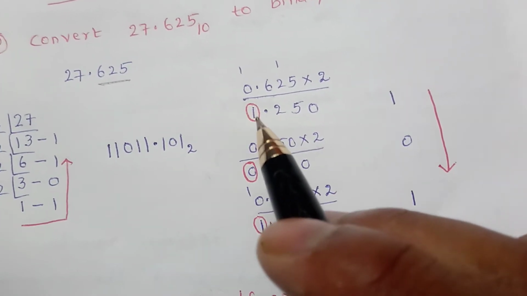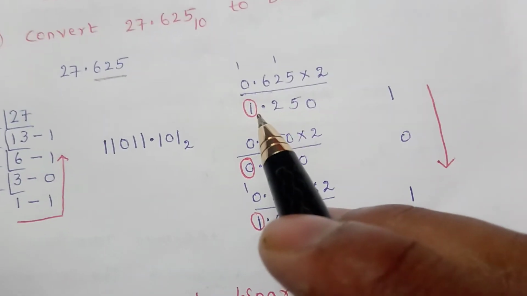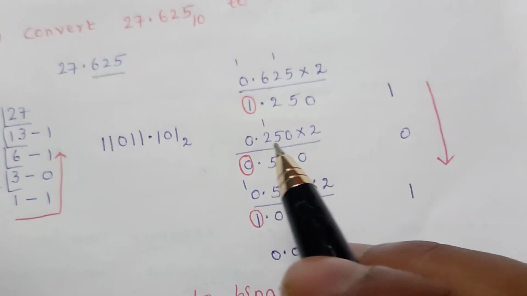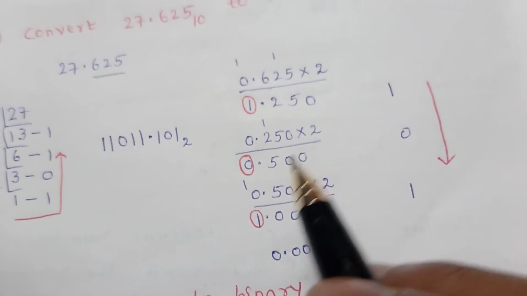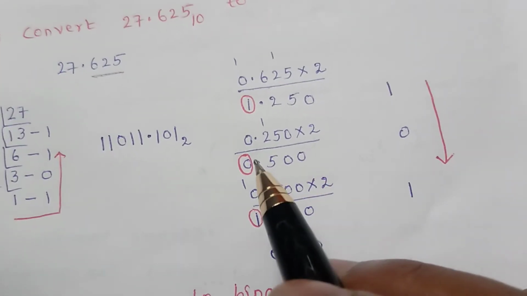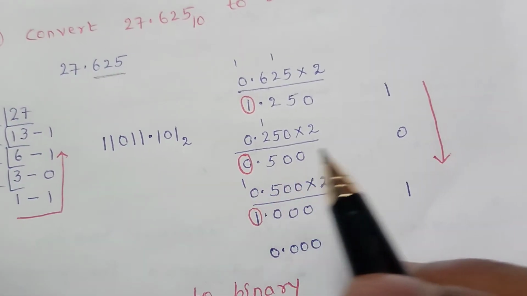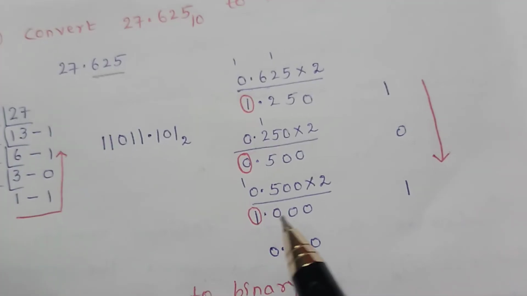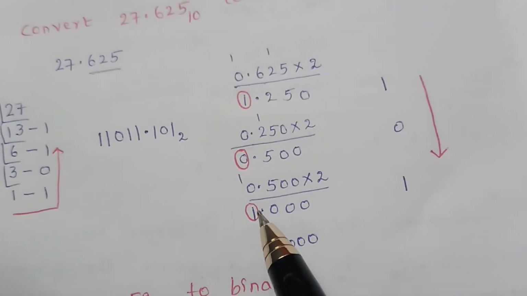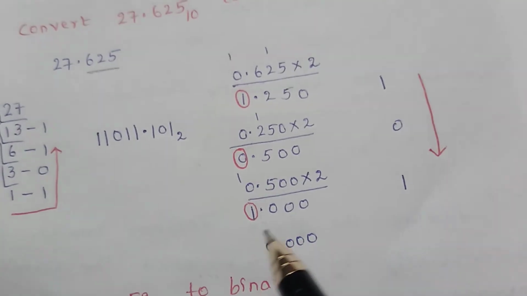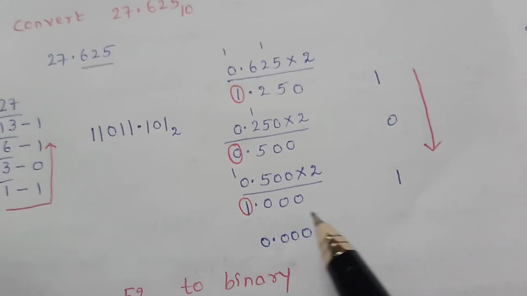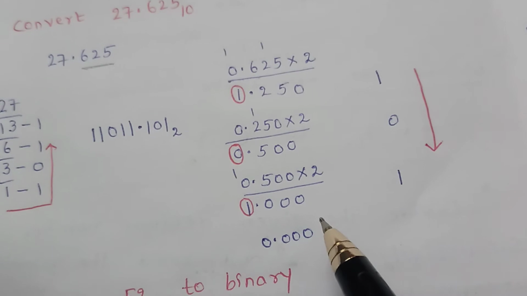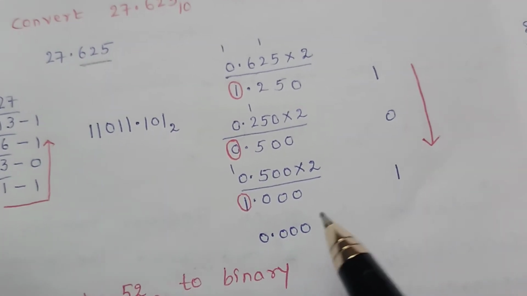Taking this integer outside, it becomes 0.250, then 0.250 into 2 is 0.500. Once again take this 0 outside, then 0.500 into 2 is 1.000. Take this 1 outside. Now it is 0, so there is no need to do the multiplication again. If you do further, it remains 0.